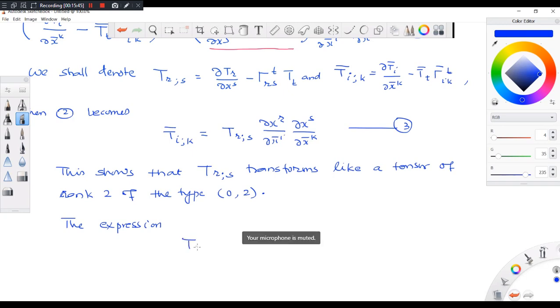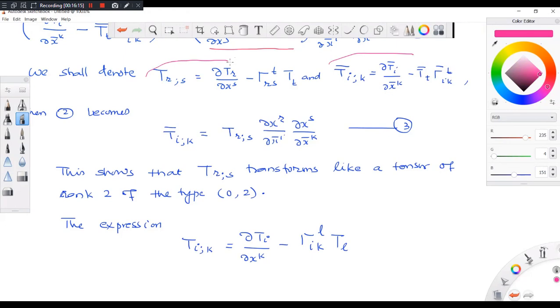The expression T_i;k is equal to del t_i by del x^k minus gamma^l_ik t_l. Okay, this one. No, sorry, this one. What is t_i;k? r and s you replace by i and k.